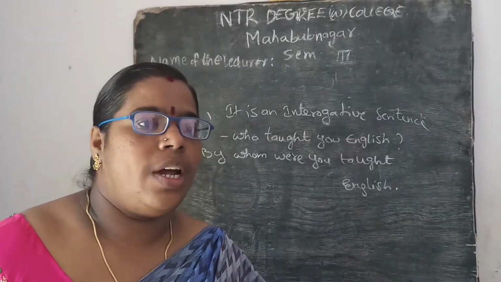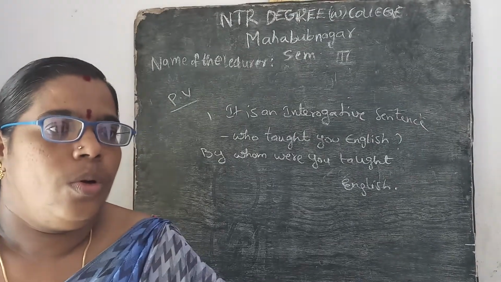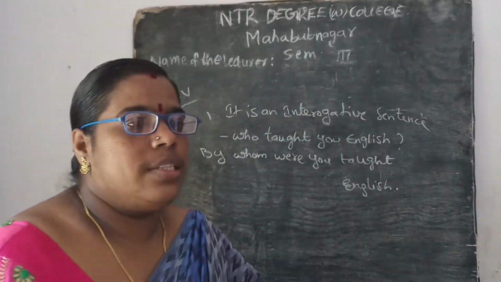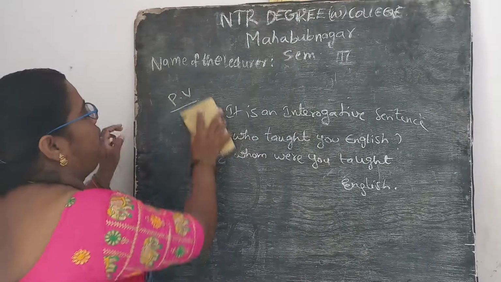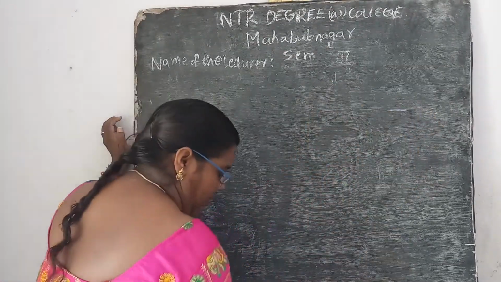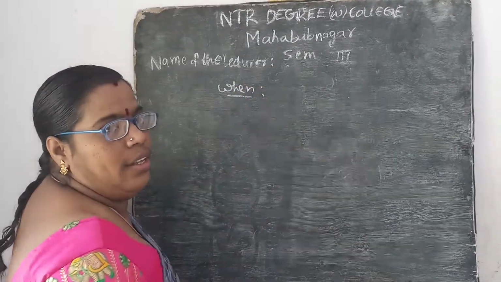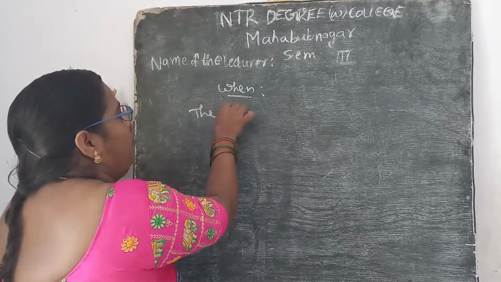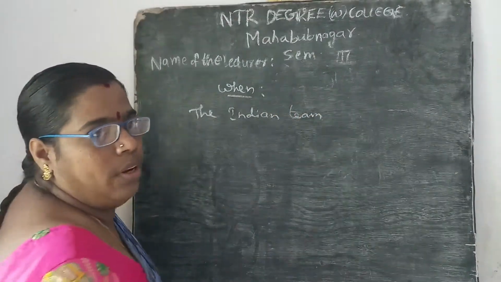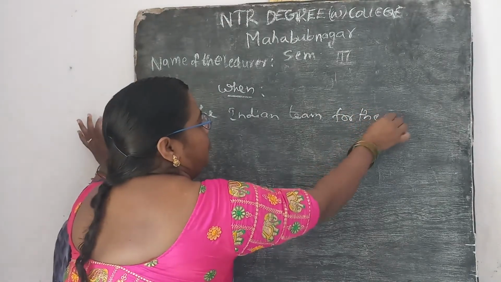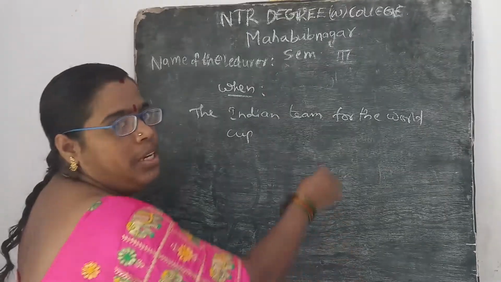With that example, you can see the agent of the action is unknown.